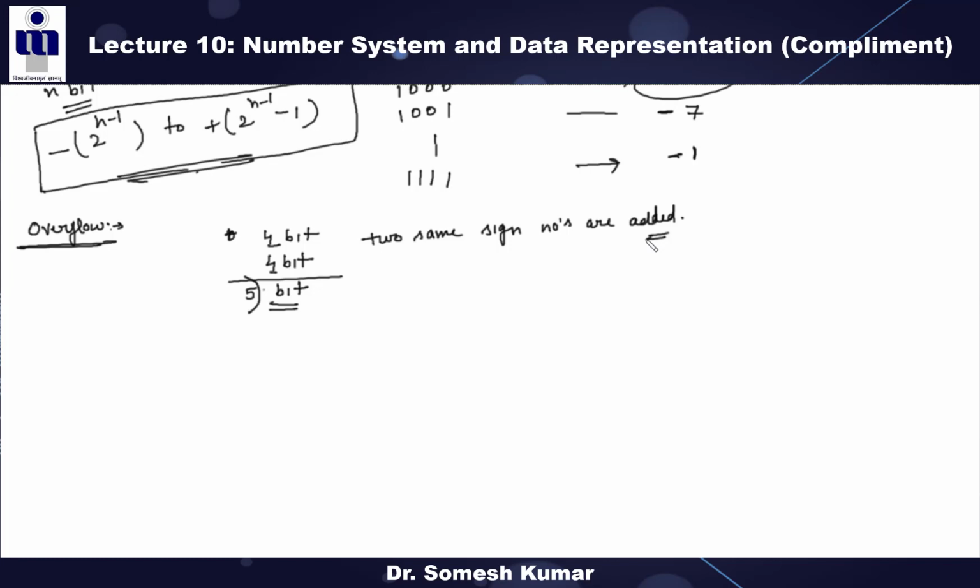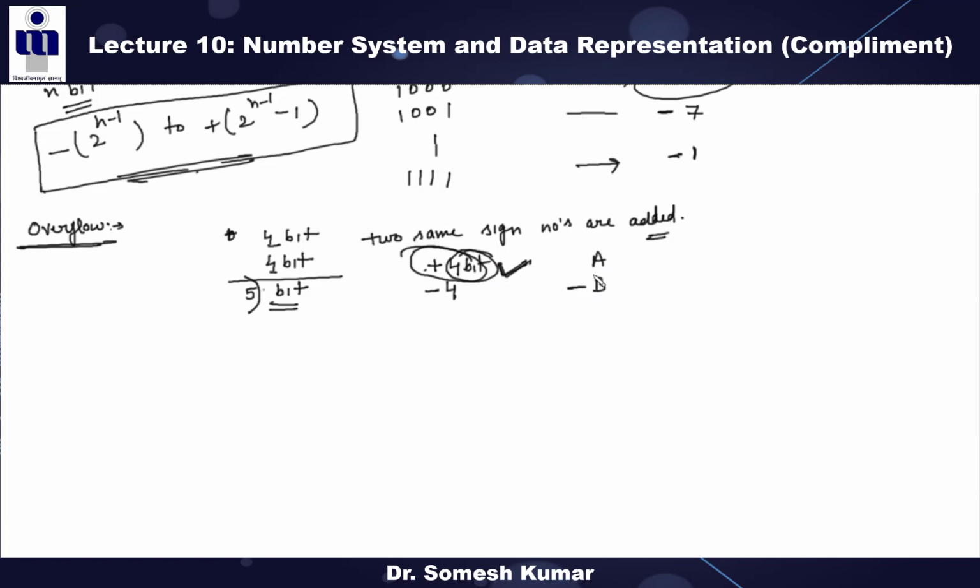For example, this is one positive 4-bit number, this is a negative 4-bit number. So in any case it will not go more than this positive 4-bit number, because if someone is subtracted from this A.